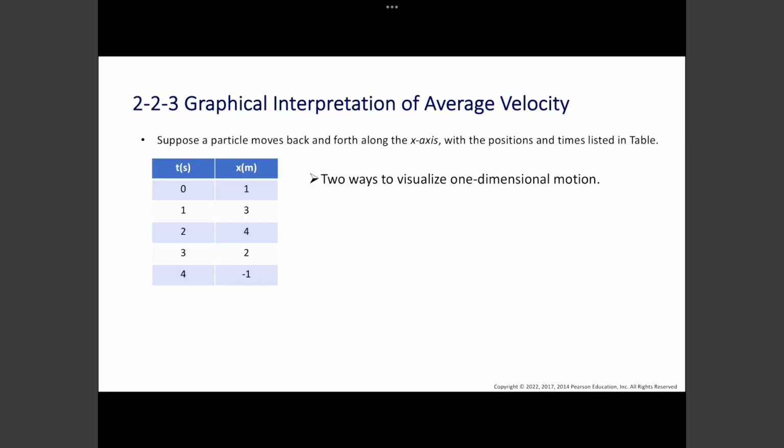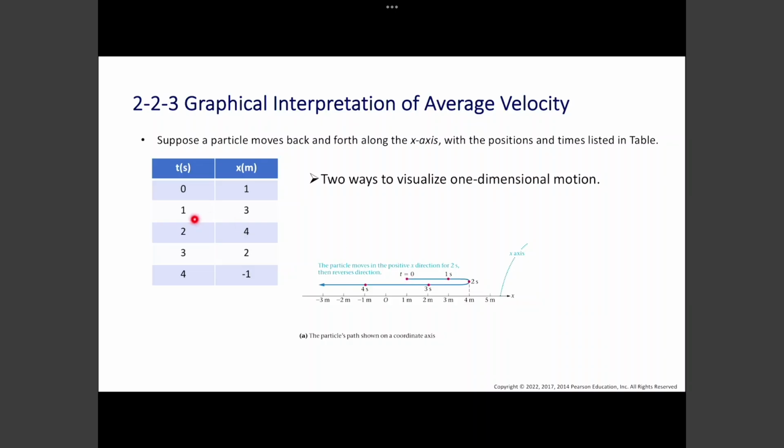There are two ways to visualize this one-dimensional motion. This figure A represents the plot of position for different times. So we know that at t equals 0, the position is at 1 meter. So we can mark at t equals 0, position is at 1 meter.